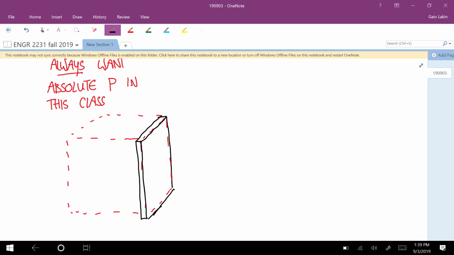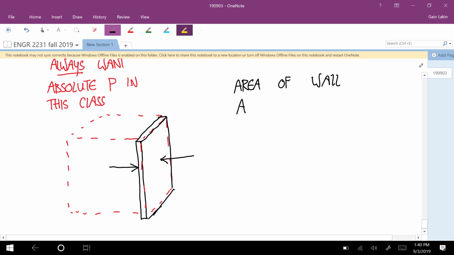The area of this wall: we're going to have a force coming this way from the inside of the box, and a force coming this way from the other side. Each of those forces is a pressure times the area it's being applied to. So how do we calculate the area of this wall that the force is being applied to?